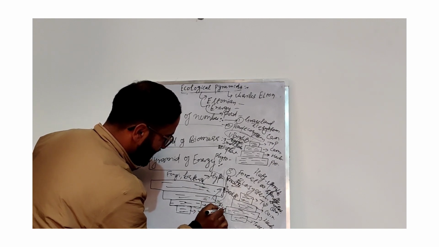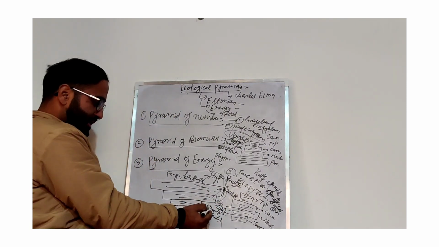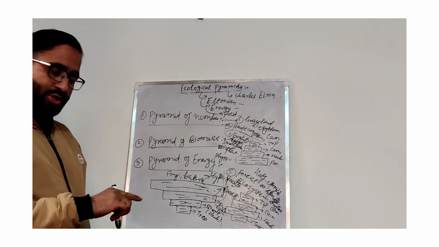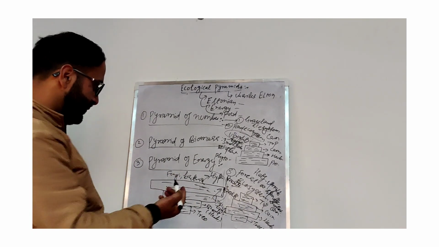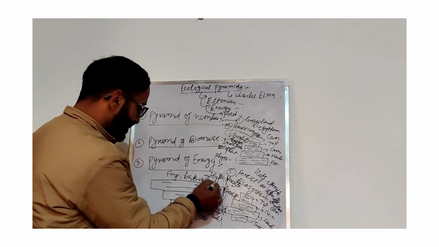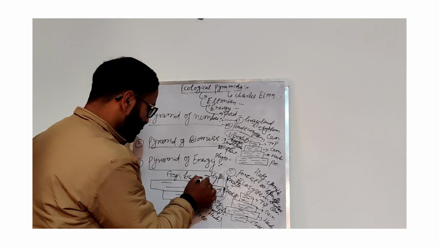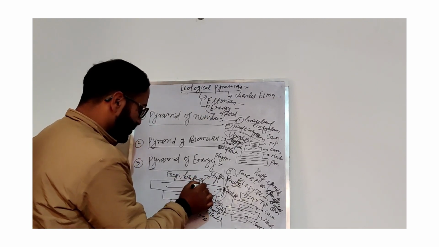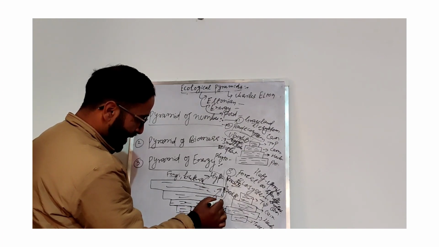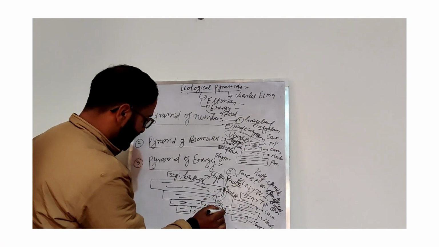These parasites are deriving their nutrition, or their food, from the birds, but they are not killing the birds. And likewise, these fungi and bacteria are also deriving their nutrition from these parasites, from these lice and bugs.